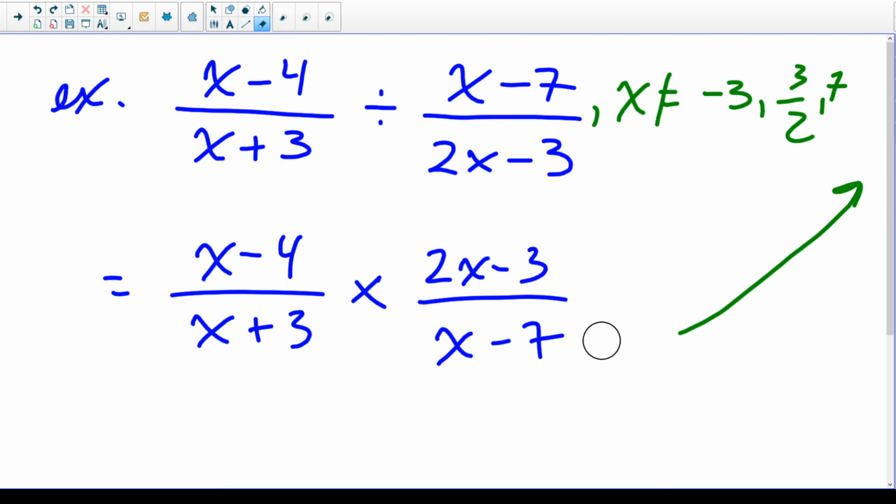Yeah, so the mathematician that created this expression up here, the original division one, for some reason wrote it this way to tell us there is a restriction at 3/2, and then when you do the flip, there's also a restriction at 7.